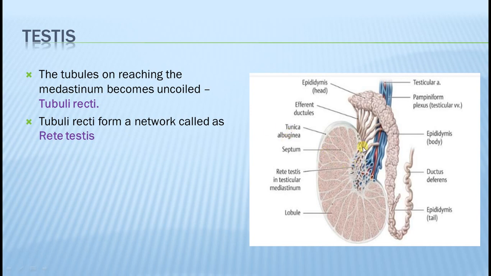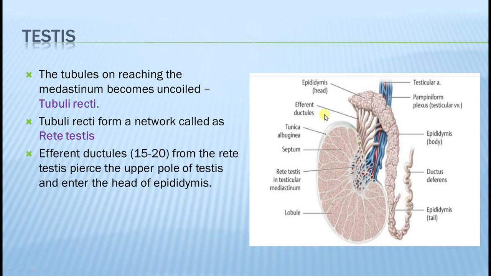These rete testis pierce the tunica albuginea as the efferent ductules. So 15 to 20 efferent ductules from the rete testis pierce and then enter the head of the epididymis.